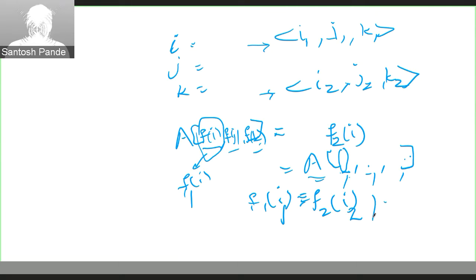And in a similar way, the other functions in the other dimensions, f of j and f of k, are also found to be equal for respective values, for j1 coming here, and then k1 coming here, and then I1, of course, was here.